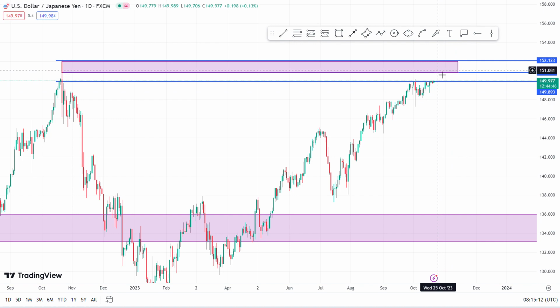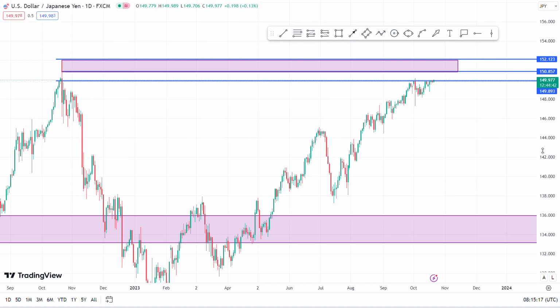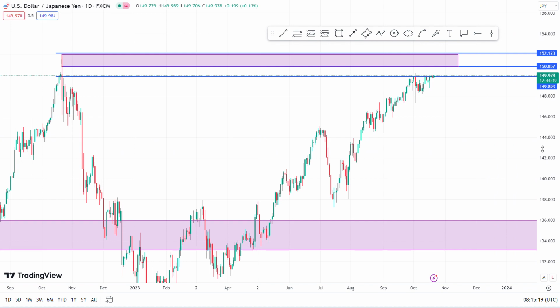then you enter. And again, despite the monthly and weekly giving us so much promise, because of the risk, if you calculate how many pips there are from here to here, there are a lot of pips, right?